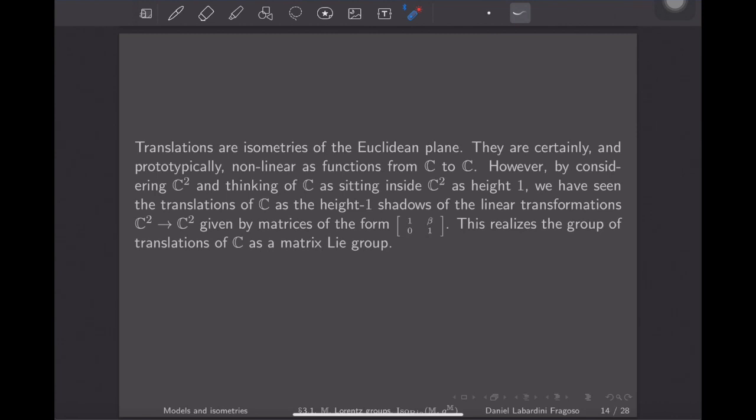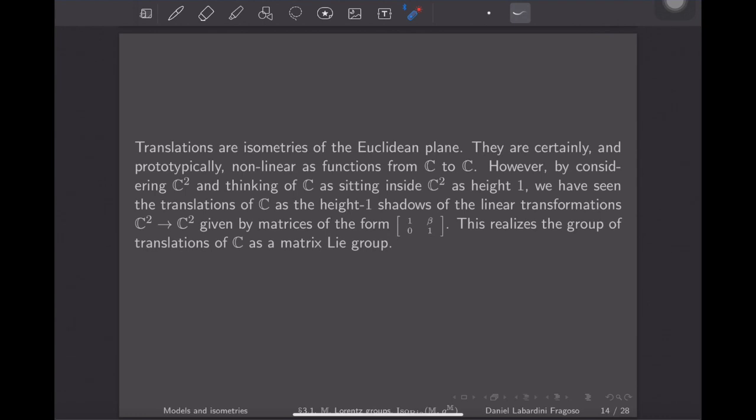The inverse of a translation is another translation. But when I ask which of the translations of the Euclidean plane are linear, only the identity. By very definition, if the translating vector is not zero, it just cannot be linear.